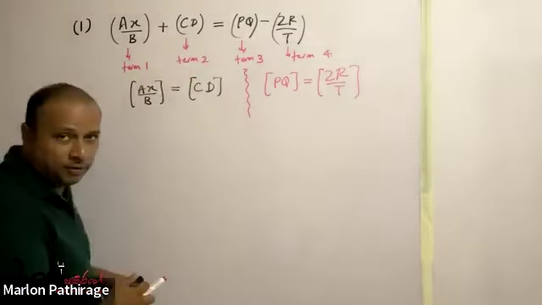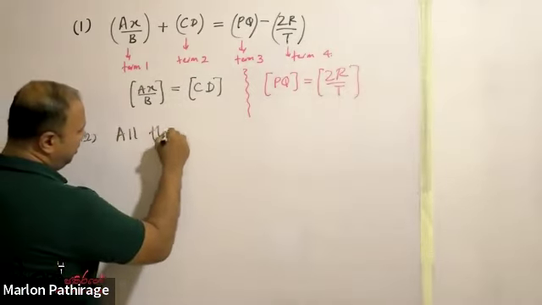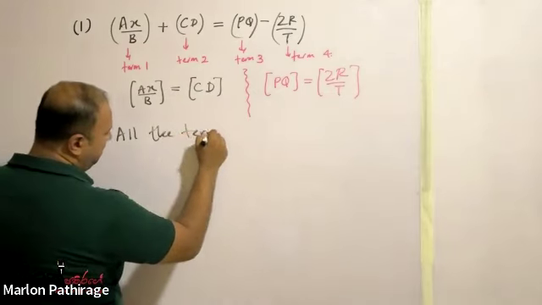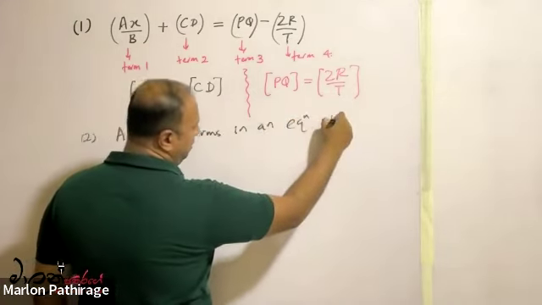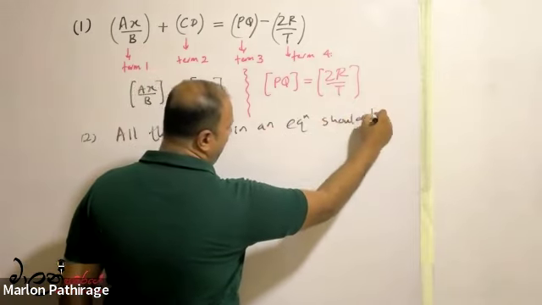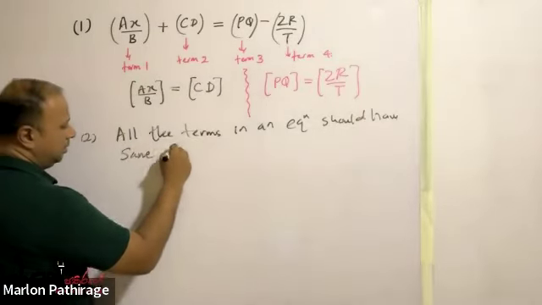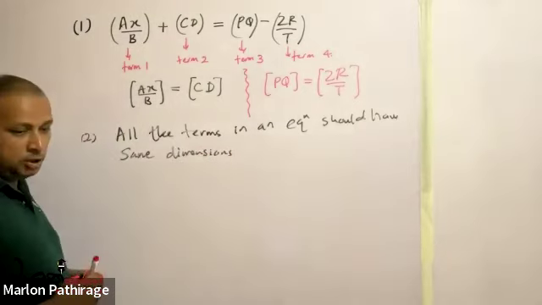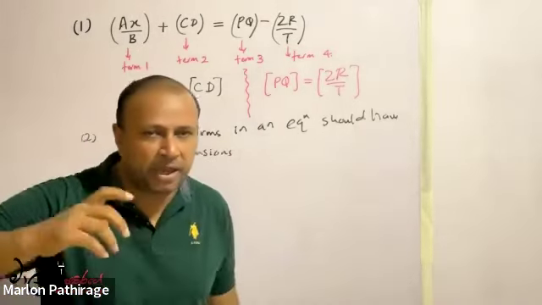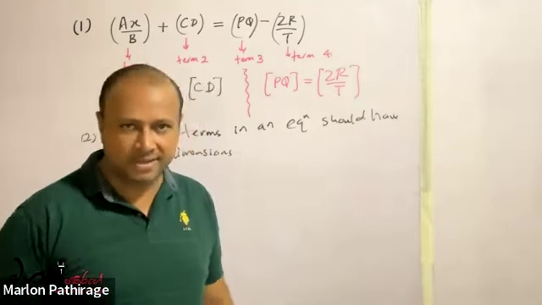Therefore, the second rule is that all the terms in an equation should have the same dimension. You need to understand these rules very well. Otherwise, you cannot do dimensional analysis.